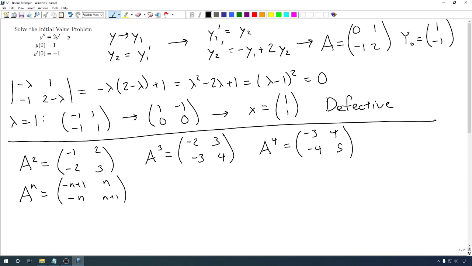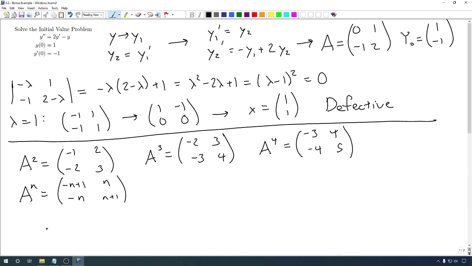We had to actually work out some examples, notice a pattern, and then we had to prove that this pattern does hold. We'd have to take this matrix, multiply it by A, and show that the next one still follows the pattern for n plus 1. That process is called induction.